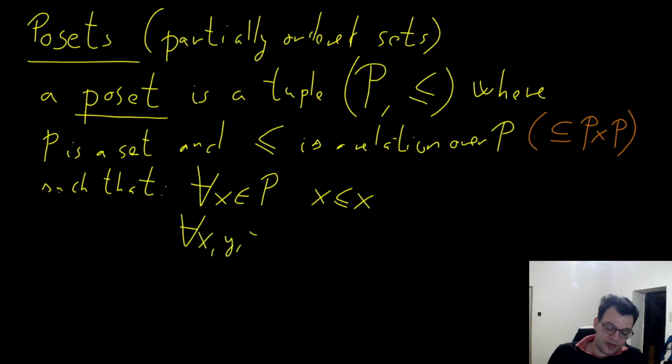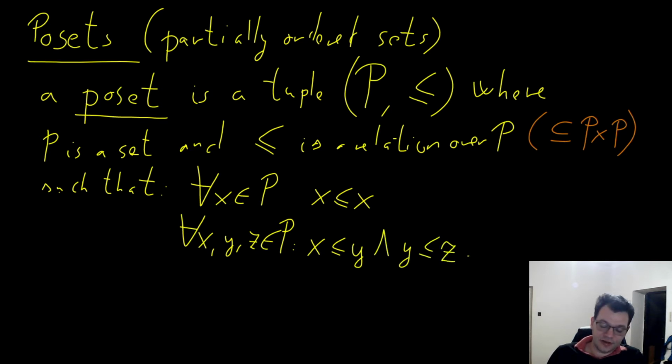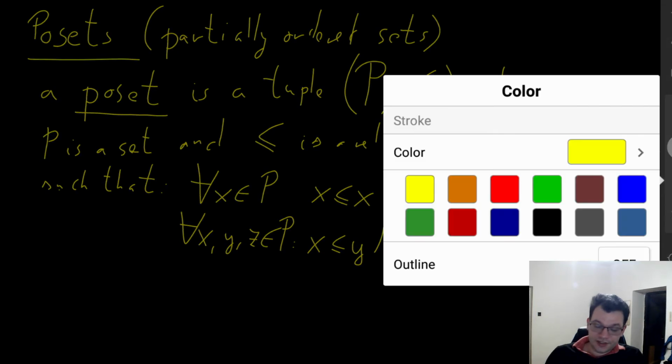If I have 3 elements, and X is a lower bound of Y and Y is a lower bound of Z, then X should be a lower bound for Z. There are names for these properties.